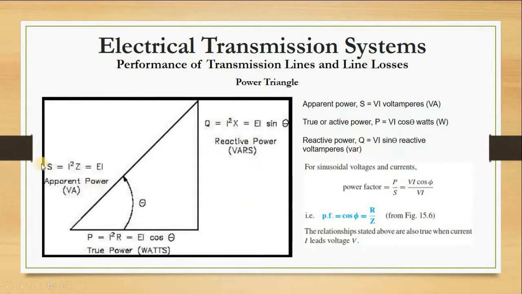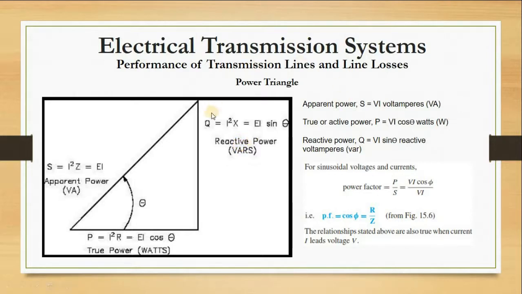Apparent power is usually the power that is sent from the utility, and the true power is the power that is used for useful work by your equipment. And the reactive power is the power which comes as a result of reactive components, which may come from an inductor or a capacitor.